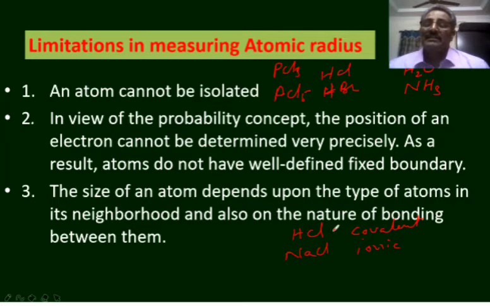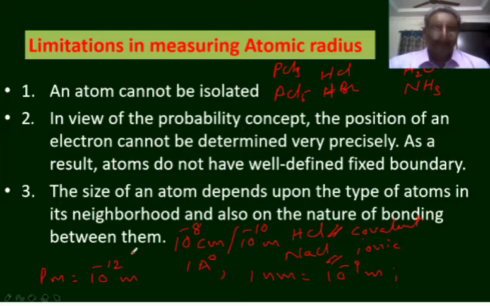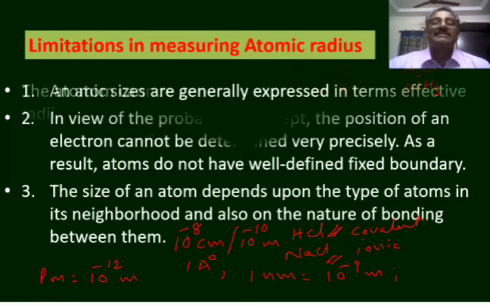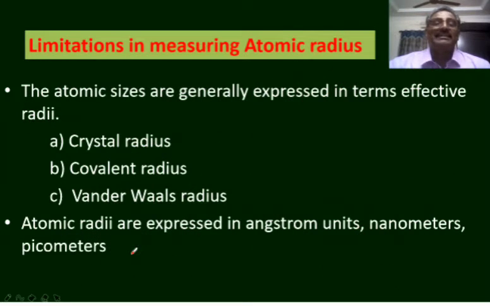So here, the similar element chlorine may not possess the same size in both the compounds HCl and NaCl. So because of these limitations, the size of the atom cannot be measured directly. Because of these limitations in measuring the atomic radius, the atomic radius is measured indirectly for different types of elements.